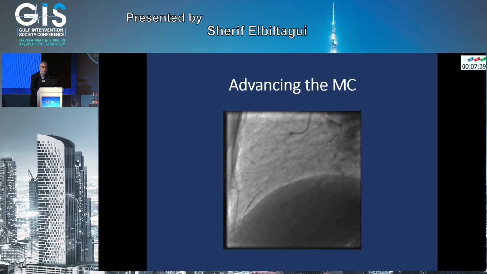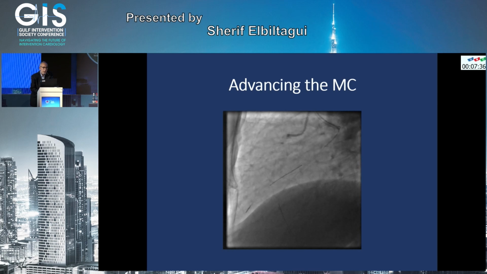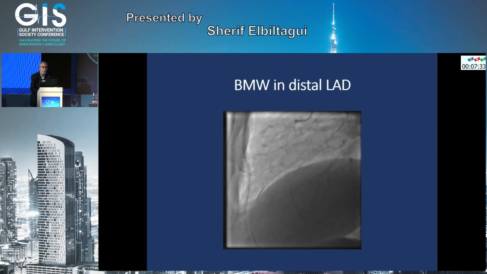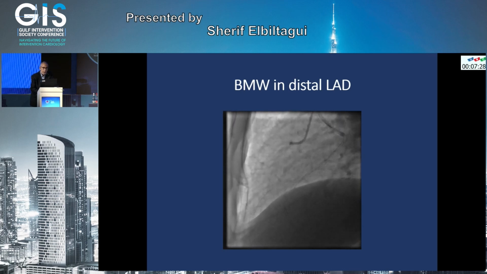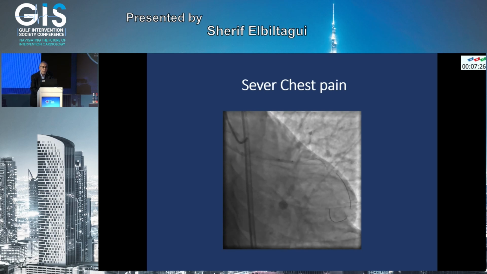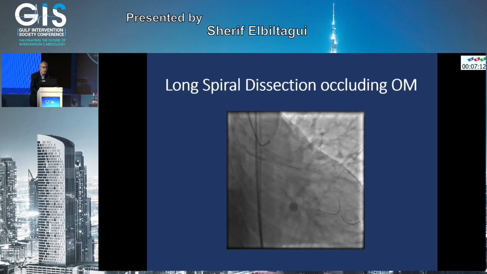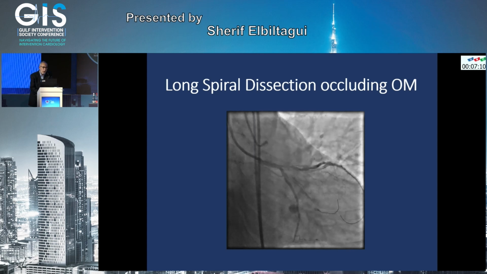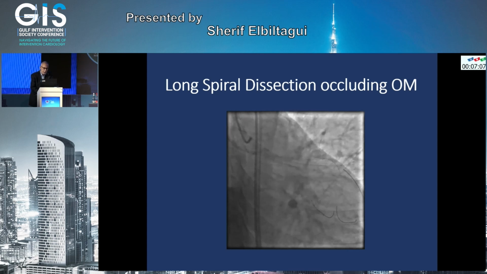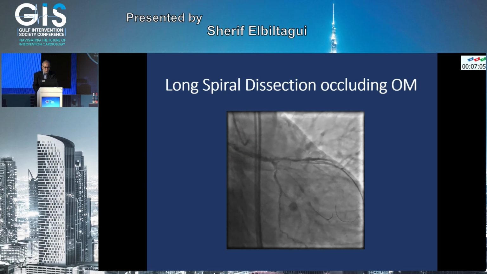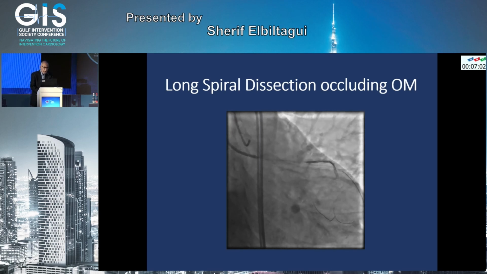Then the Gaia Second could do it, exchange to BMW, while I'm trapping the microcatheter out. Shortly after that, while I was busy pre-dilating proximally, the patient had severe, sudden, unexpected chest pain. He was screaming, actually. We didn't know the reason at that time, but an angio showed a very nasty spiral dissection of the obtuse margin, of course without a wire.